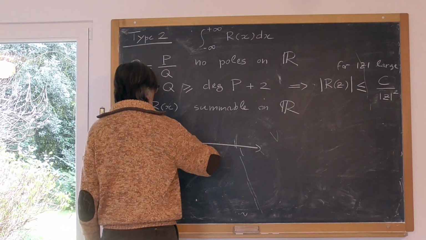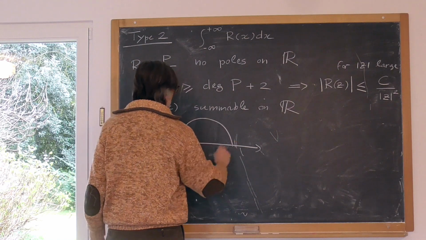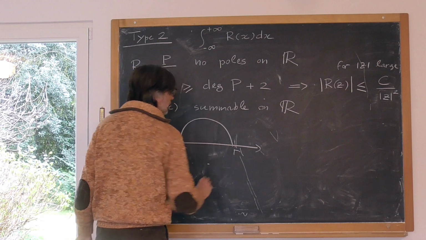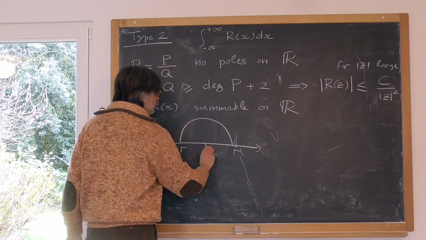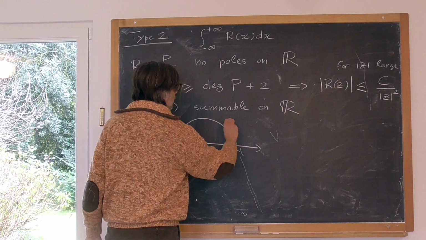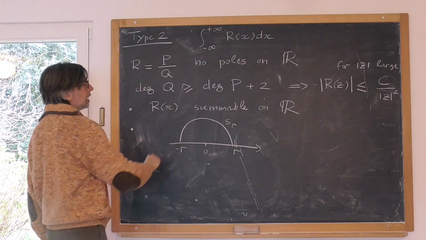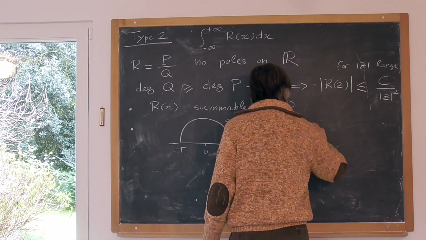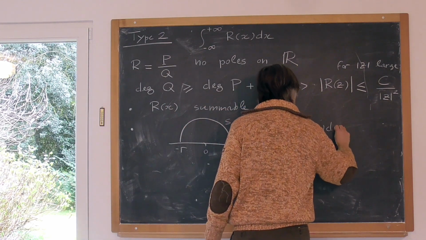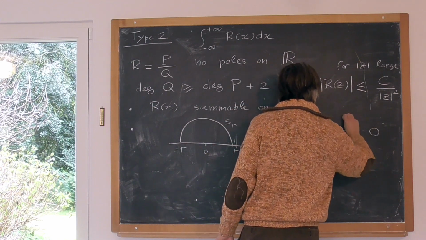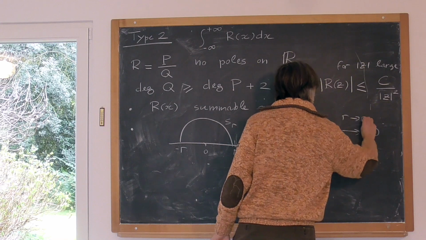How do we want to compute this integral? We do exactly as in the specific example. We integrate over this half circle of radius R, centered at 0. Now the contribution on this part, which we call S_R, this half circle, the integral of R(z) dz on S_R goes to 0 when R goes to infinity.